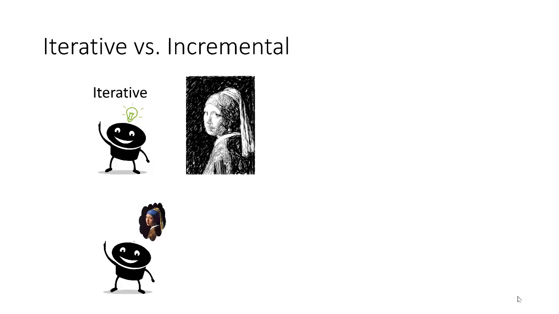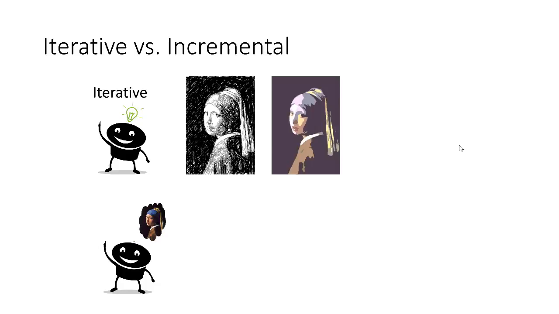So iterative would be where you take an idea. You have some sort of general idea of what you want, but not a really clear picture. You go, you know what, I'm going to sketch this out first. Once I have the sketch out, I'm going to add a little bit more layer on top of that, the color.